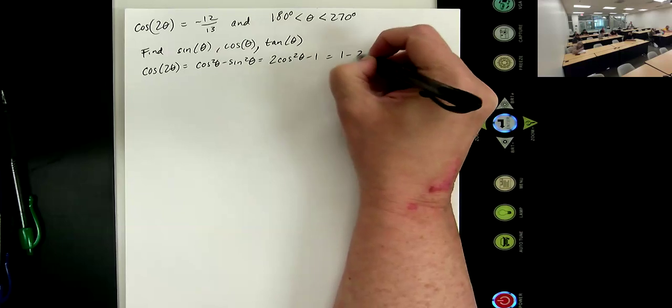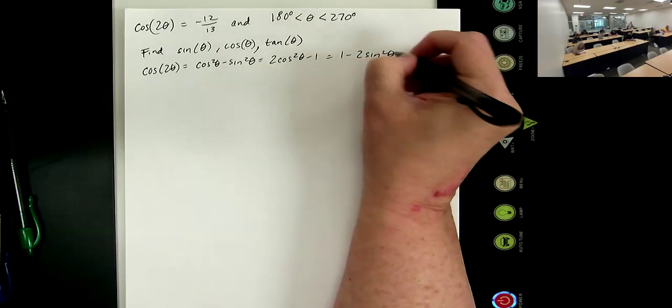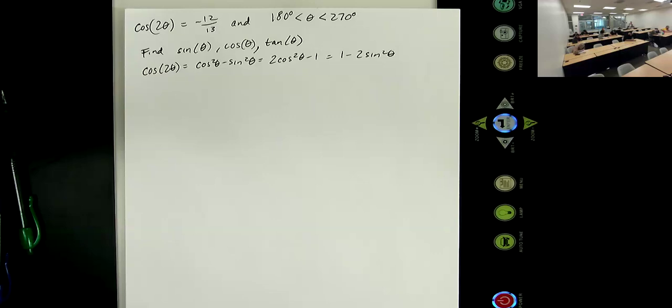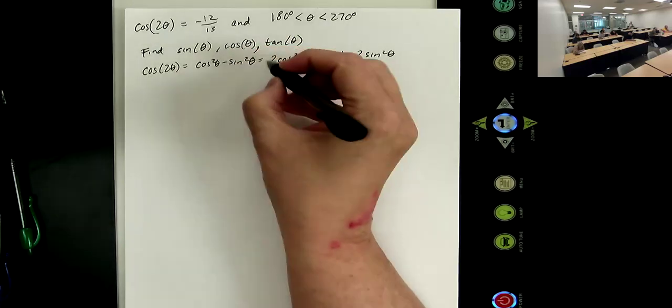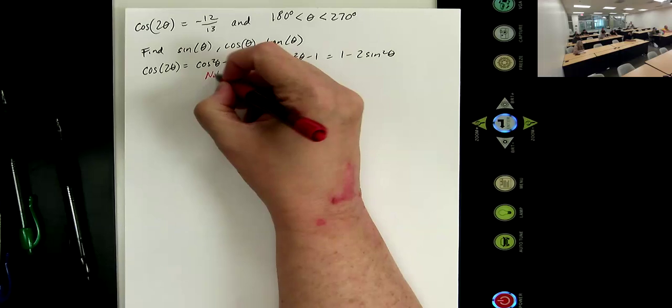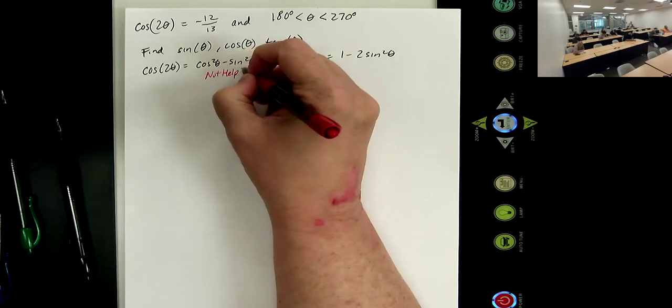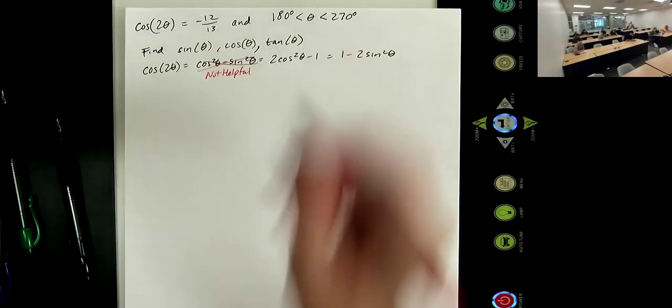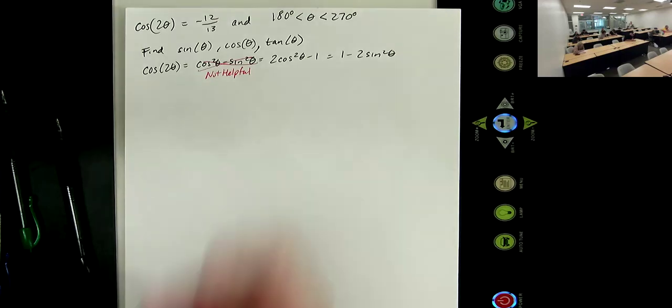And we've got one minus two sine squared theta. I don't know that the first one's helpful. This one is not gonna help us right now, so we'll cross that one out. The other two might work though.